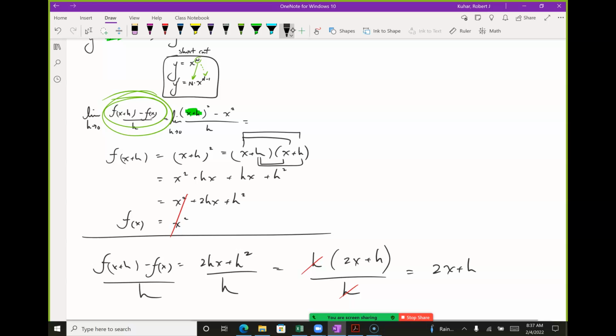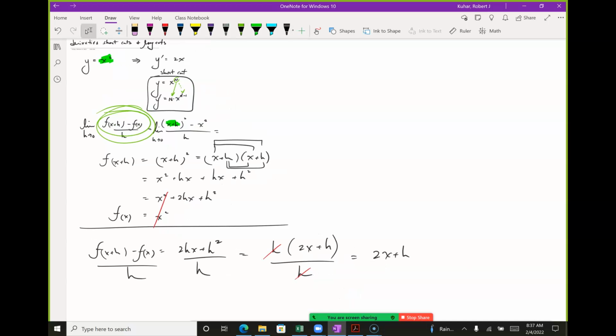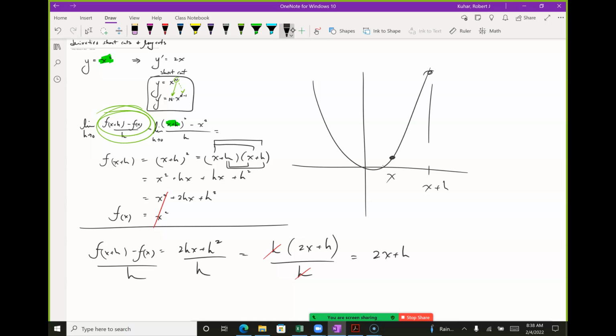What is this? This is the slope of the secant line, right? At some x and some x plus h, so some h later, right?